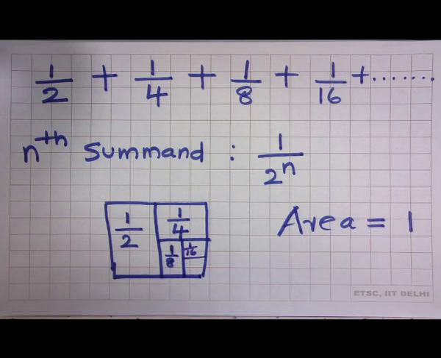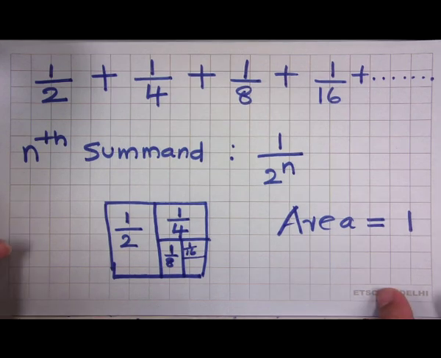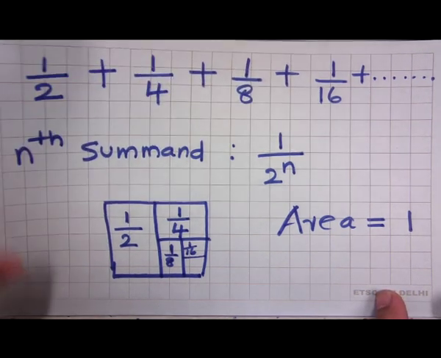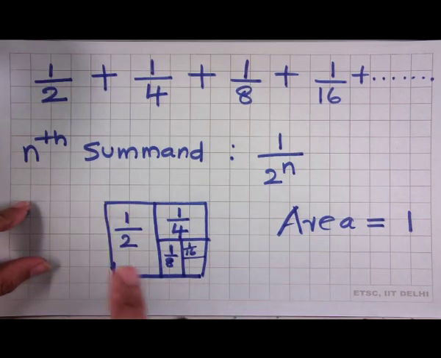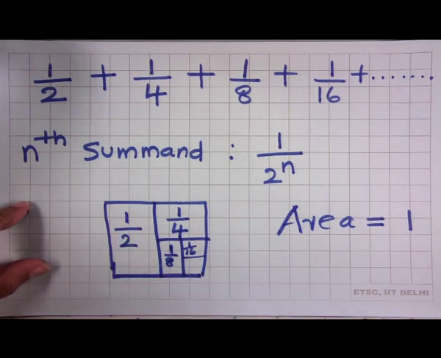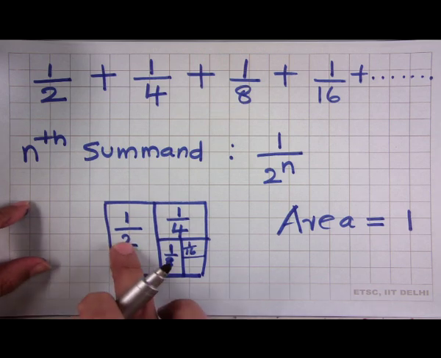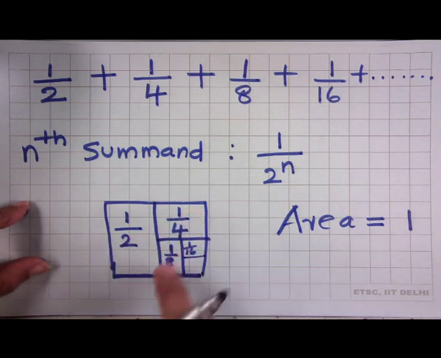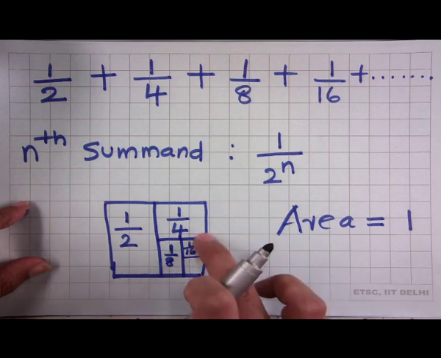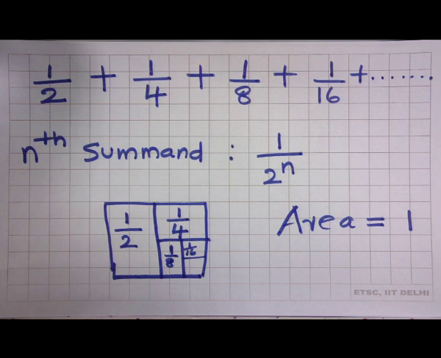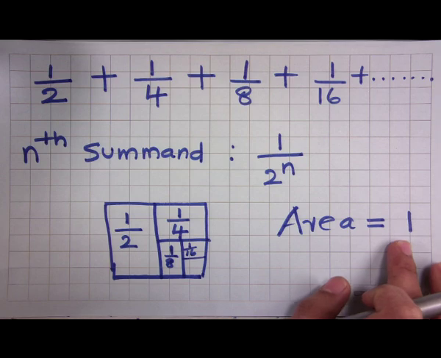Thus, geometrically, we can observe that the sum of the areas, namely 1 by 2 plus 1 by 4 plus 1 by 8 plus 1 by 16 plus etc., amounts to the total area of the unit square we started with, namely 1.